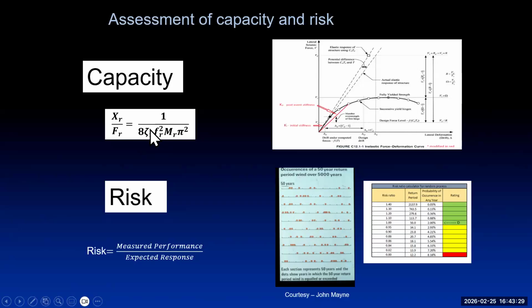And if you do that, you can identify what the displacement per unit force is. Well, you know what the force is required to be in the code of practice. It's there in black and white. So you know the ratio of displacement to force. Thereby, you can identify a risk ratio, which is the measured performance divided by the expected performance.